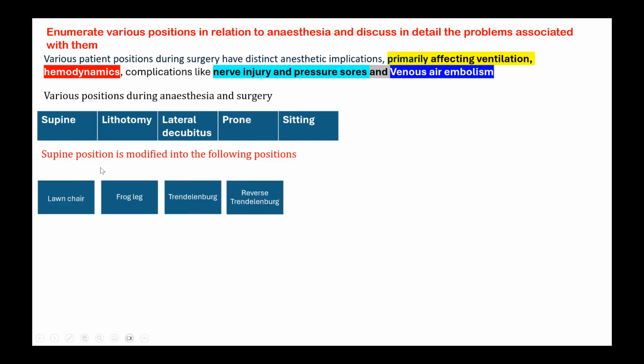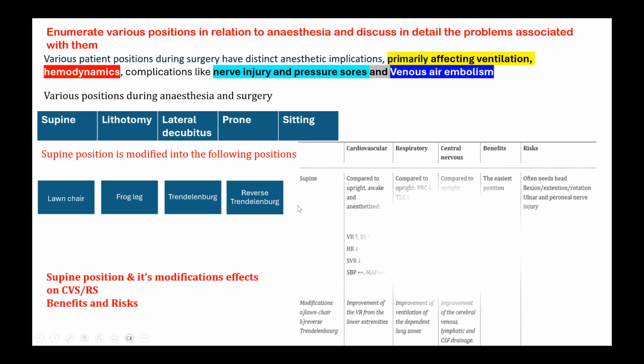And among the supine position, there are modifications which are called lawn chair position, frog leg position, Trendelenburg and reverse Trendelenburg position. And the common supine position, you can classify into cardiovascular, respiratory, central nervous, and the benefits and risks of this position.